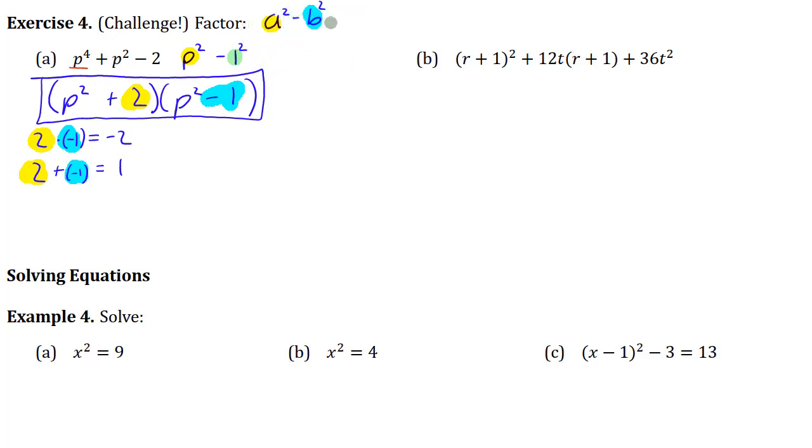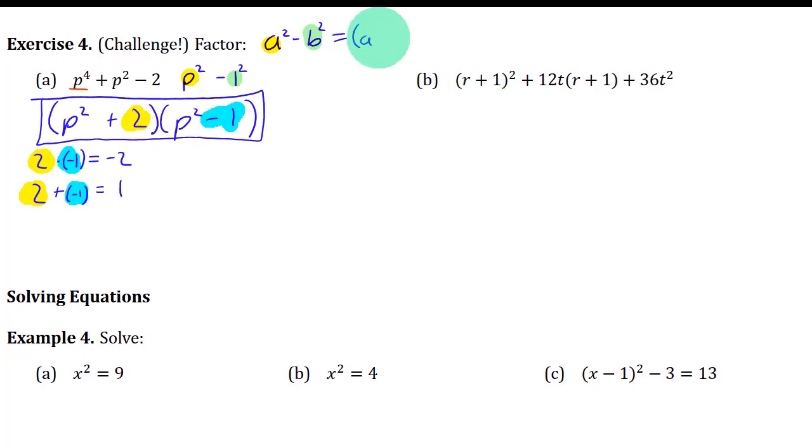That, if you look at the factoring rules above, can always be factored into the form a plus b times a minus b. These are those important rules that you're going to need to eventually memorize that are in the box. This is called a difference of squares.